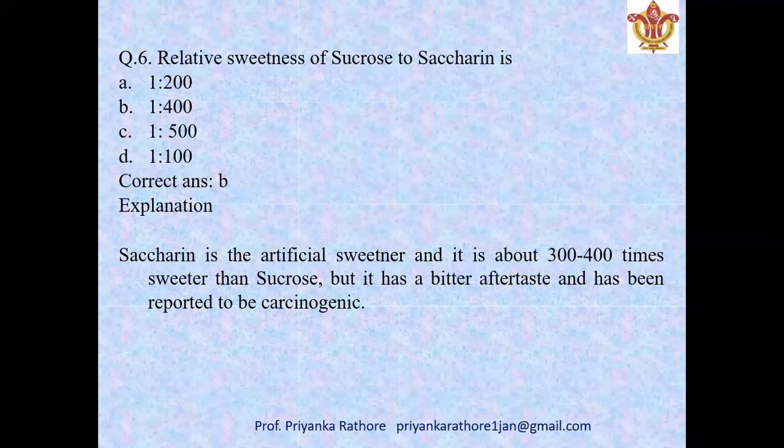Sucrose is having the value 1, and saccharin is having the bitter aftertaste and has been reported to be carcinogenic. That's why nowadays it has been replaced by aspartame. But aspartame is also having some stability problem. Aspartame is also an artificial sweetener.